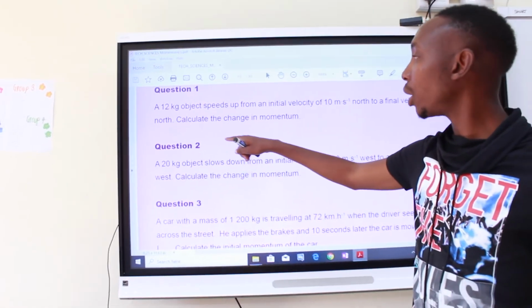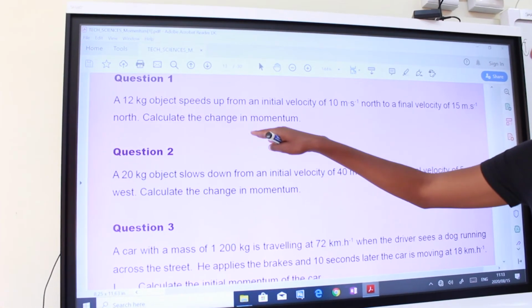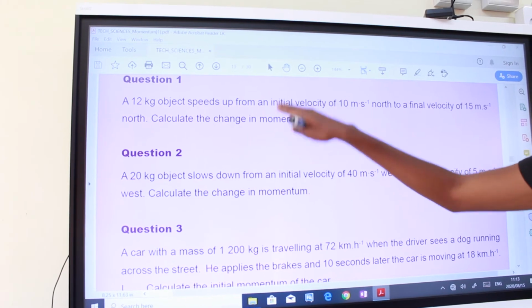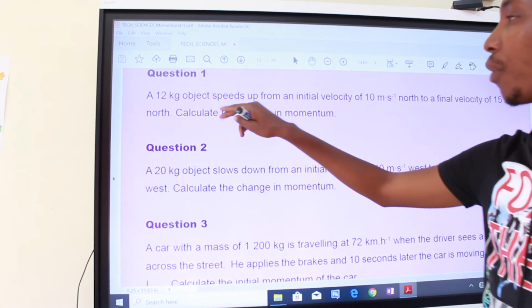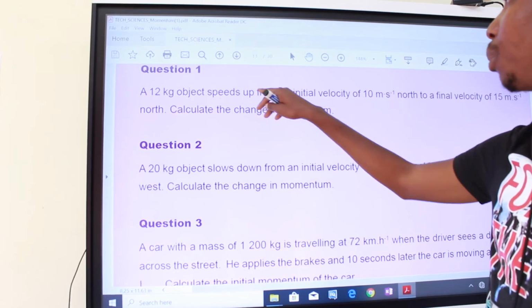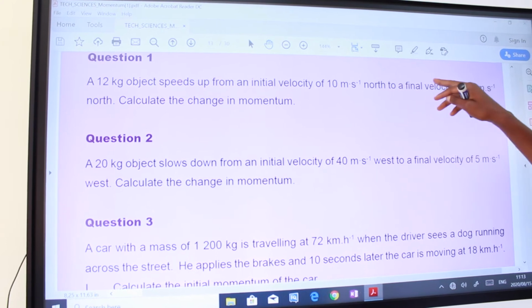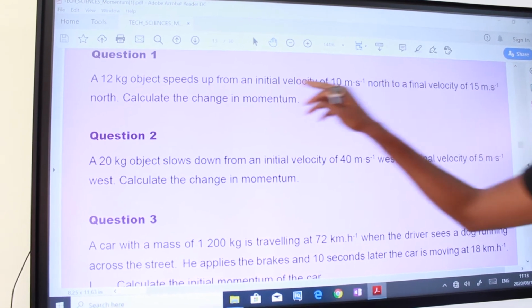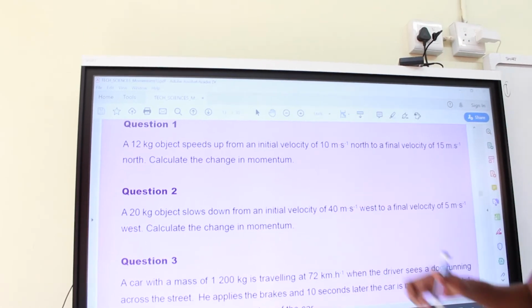I'm going to show you how to calculate momentum and the change in momentum by answering these three questions: question 1, question 2, and question 3. For question 1, we have a 12 kilogram object that is moving from an initial velocity of 10 meters per second north to a final velocity of 50 meters per second north. We want to calculate the change in momentum.